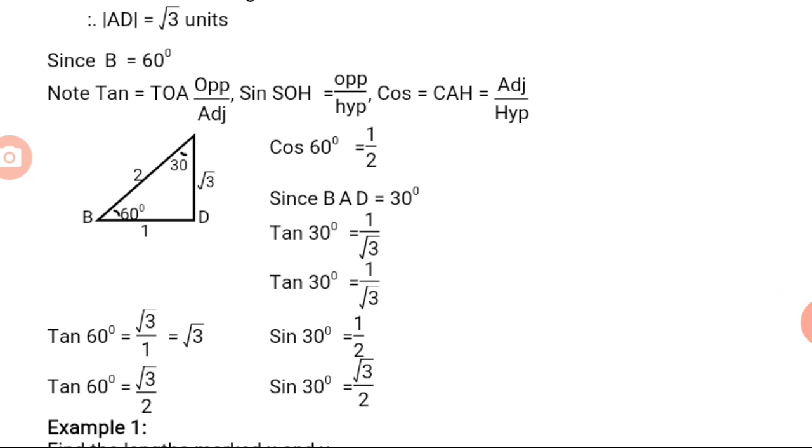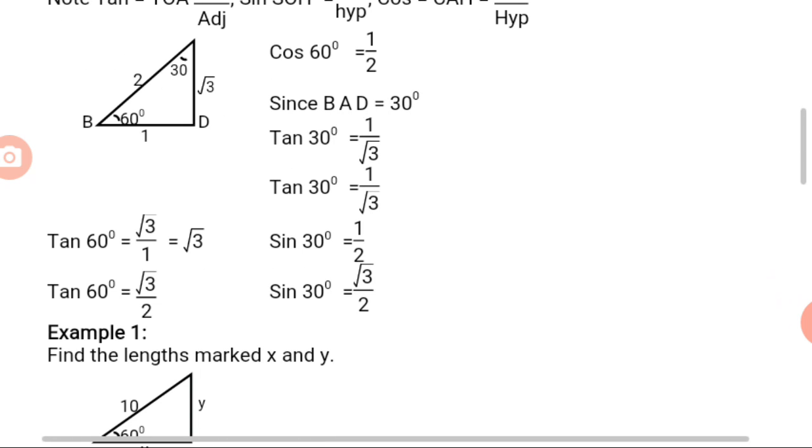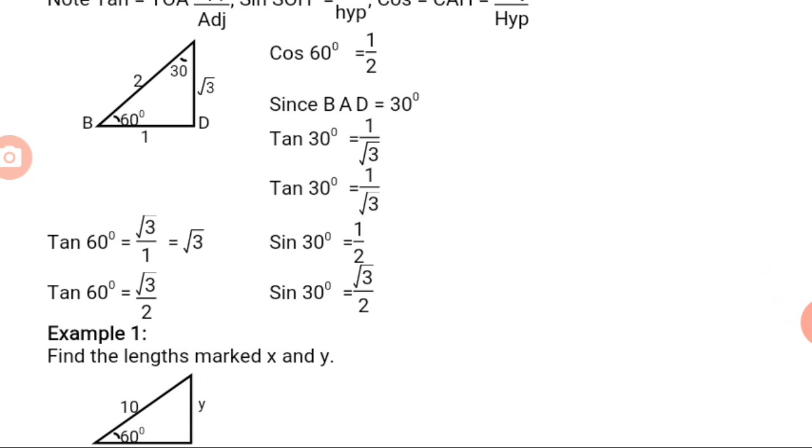So we say root 3 over, the adjacent is BD, and BD is 1. Therefore, tan 60 degrees is root 3 over 1, which is equal to root 3. Are we together? That is, tan 60 degrees is root 3.